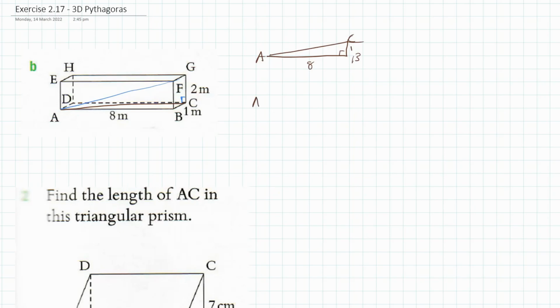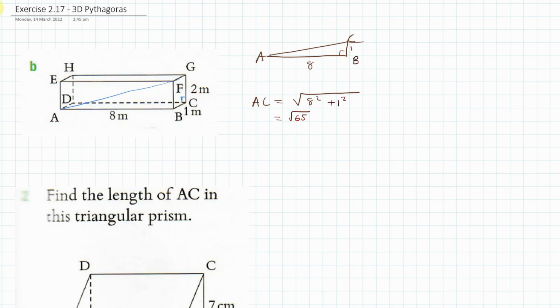So AC is equal to the square root of 8 squared plus 1 squared, which is equal to the square root of 65. Now I'm going to leave that as it is for now.